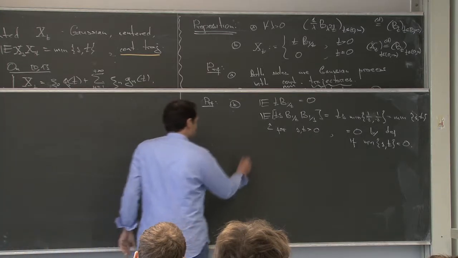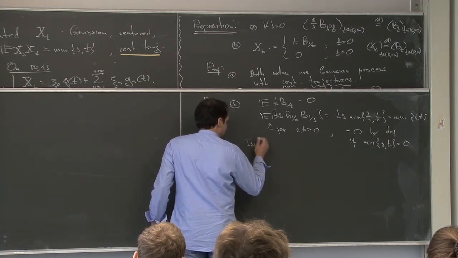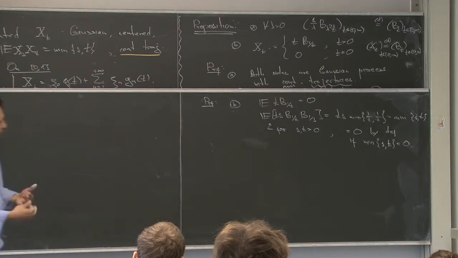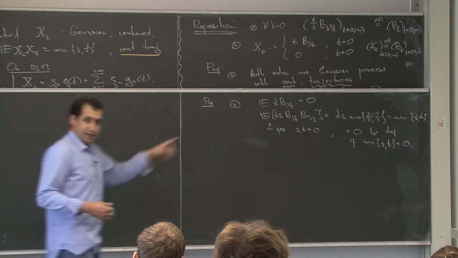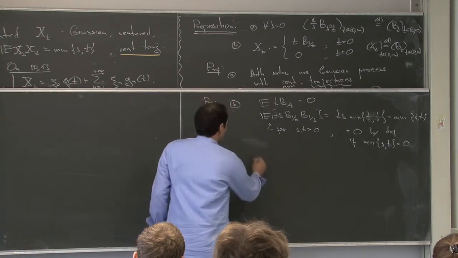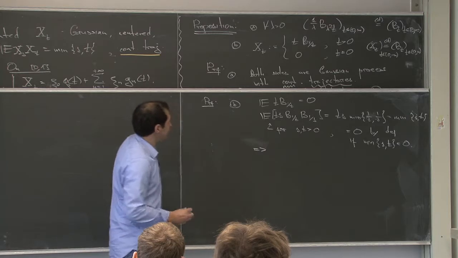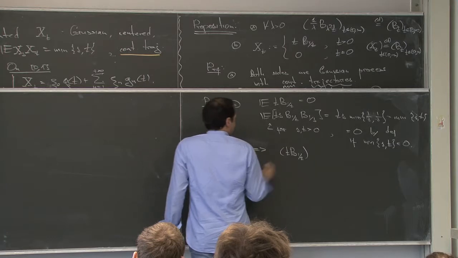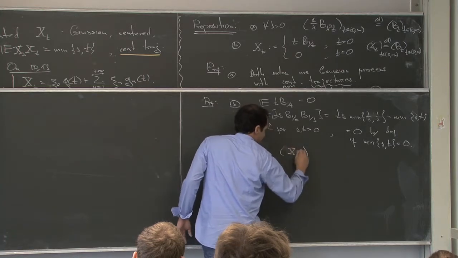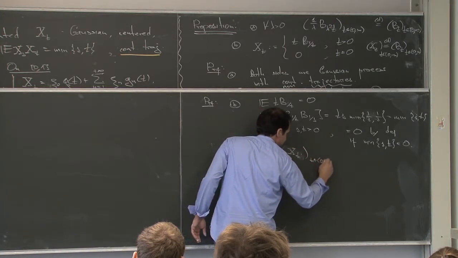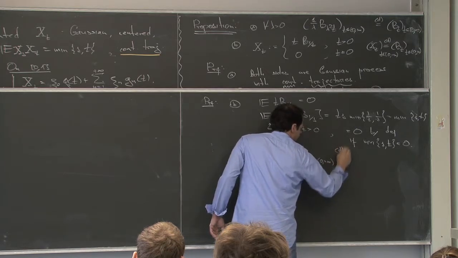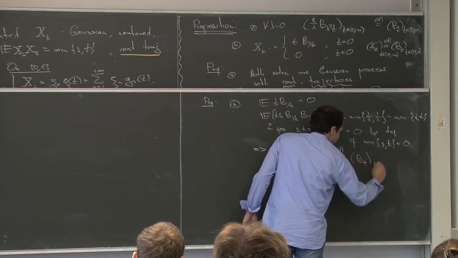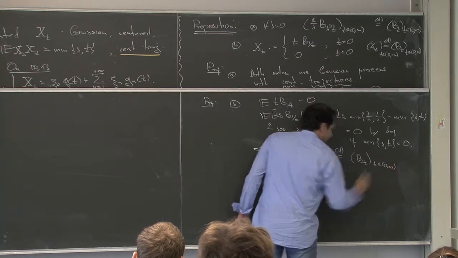Some small issue. I'm going to write it. A priori, we do not know that this process is continuous at the origin, right? So what I can claim from here is that X_t for t strictly positive is distributed in the same way as B_t for t strictly positive, right?